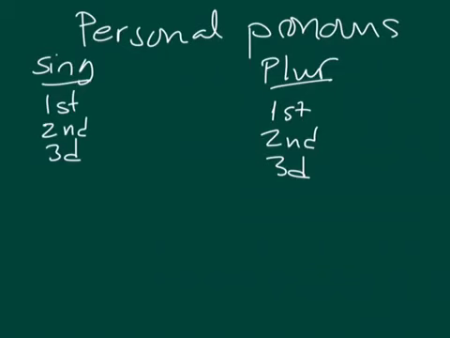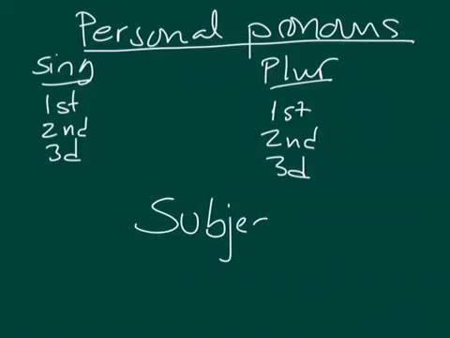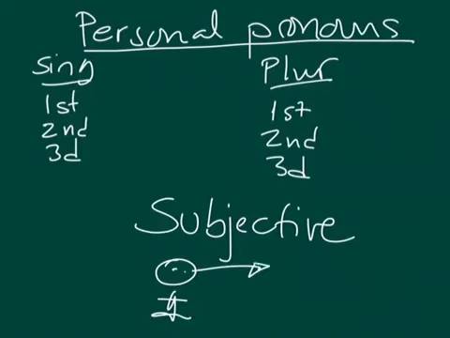Now, all these personal pronouns that we looked at, singular first, second, and third, plural first, second, and third, if they are from a subjective point of view, they are all subjective, then it means that you, yourself here, you are the one that is looking out. Okay?